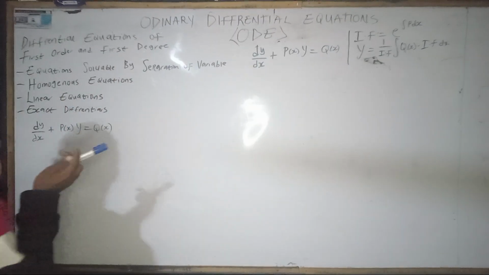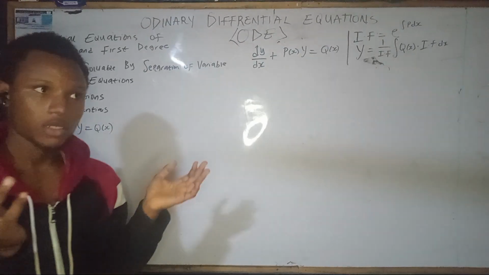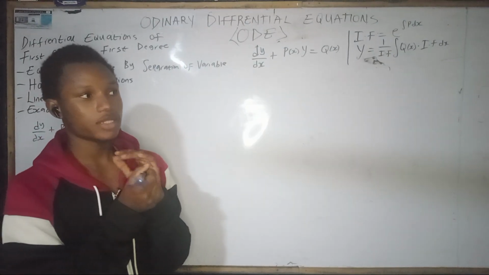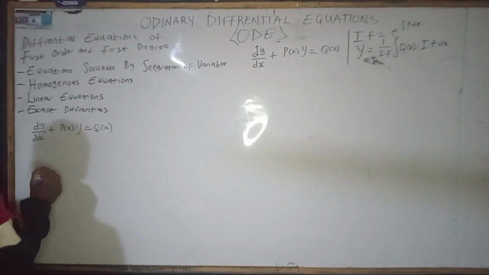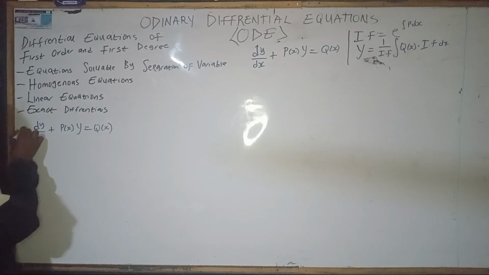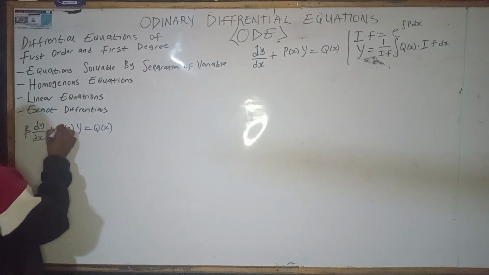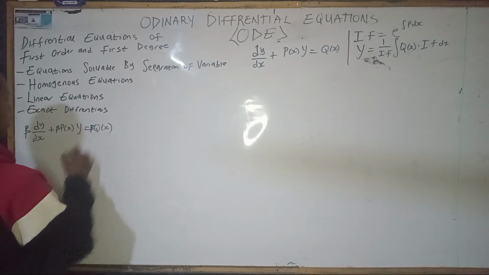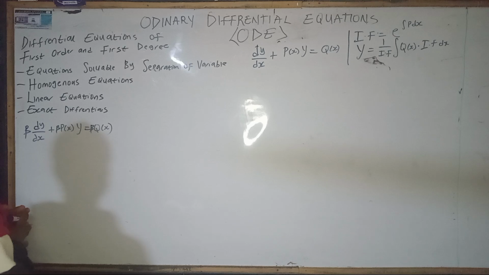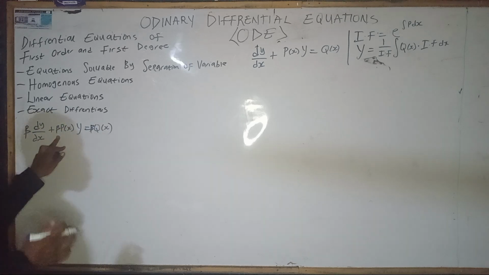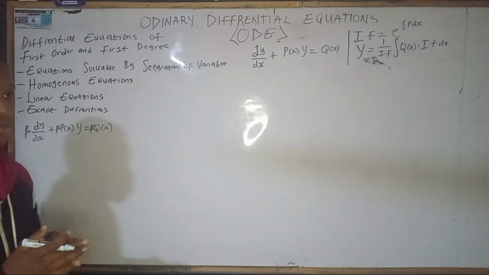We can just assume any symbol, let's say alpha or beta, something like that. So let me say I multiply everything by beta. If I multiply everything by beta, then I am supposed to be able to solve this particular equation.